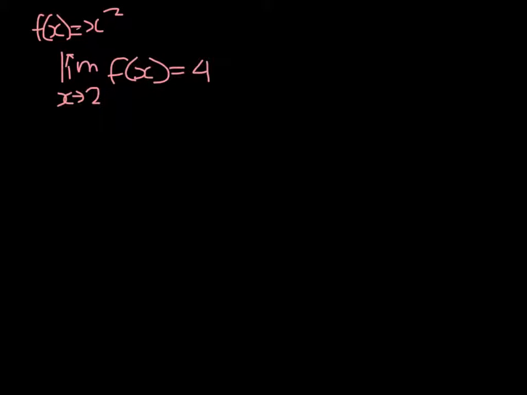Now, we know that the limit as we approach 2 equals 4. Now, what if I ask, how close does x have to be to 2 in order for f of x to be within 1 of 4?